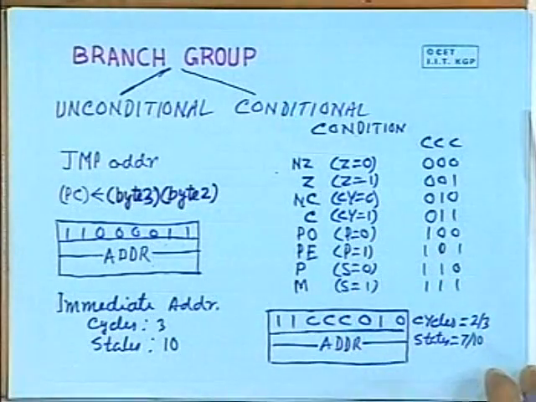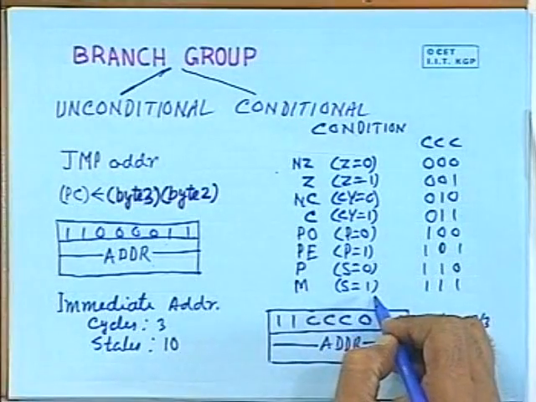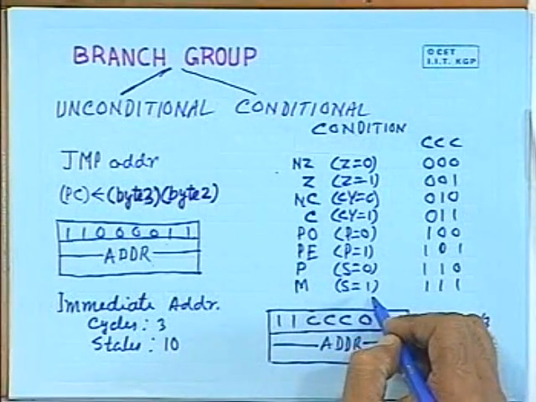So you can see there are 8 different situations based on which the decision is taken. Whenever you perform some arithmetic or logical operation, some data processing, the flag bits, sign, carry, parity, 0, get modified, and based on that the decision is taken. So in the decision box, one of the 4 different parameters, that is sign, 0, carry and parity, are checked, and based on that the decision is taken.